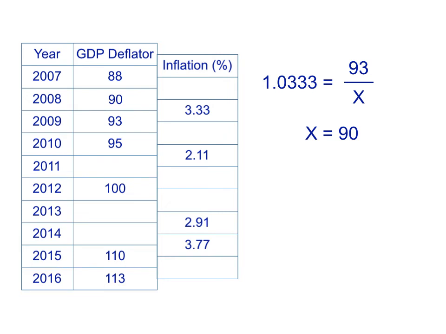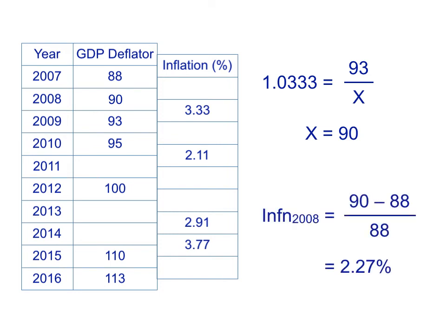Then I can go ahead and get my inflation for 2008. Listen to what I just said there. I'm going to get my inflation for 2008. My inflation for 2008 will be 2008 divided by 2007. So, here's the long way of doing it. I've shown the entire equation.